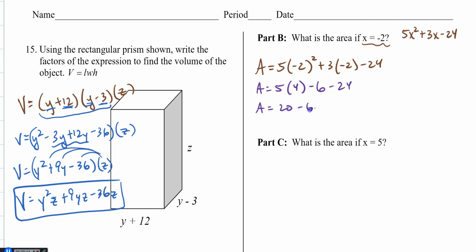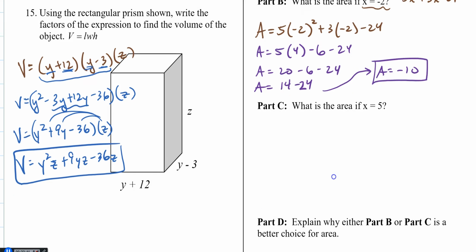That's 20 minus 6 minus 24. 20 minus 6 is 14 minus 24. So we get an area of negative 10. We don't have any units, so we're just going to leave it as negative 10. Alright, so there's my area for when x is negative 2.